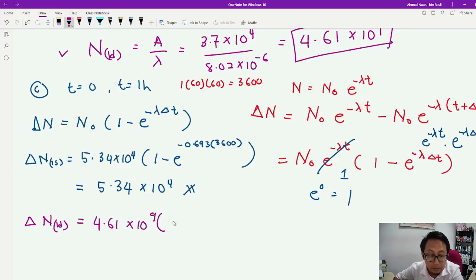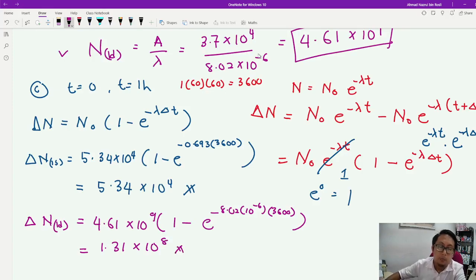Similarly, 1 minus exponential minus lambda delta t, where lambda is 8.02 times 10 power of minus 6 and delta t is 3,600, since this is for 1 hour. So the number of nuclei decayed from 0 to 1 hour is 1.31 times 10 power of 8.